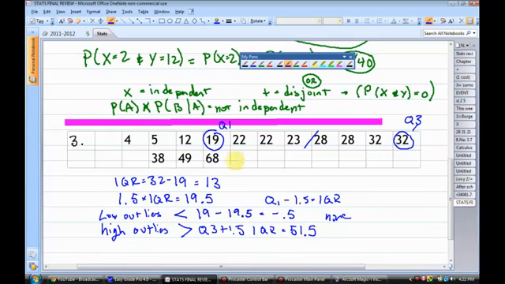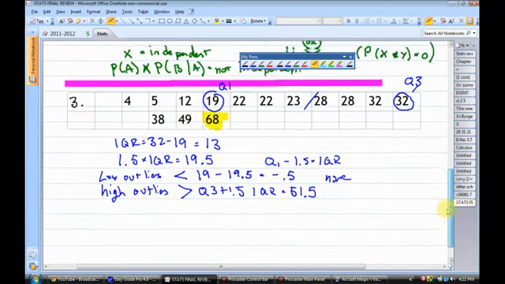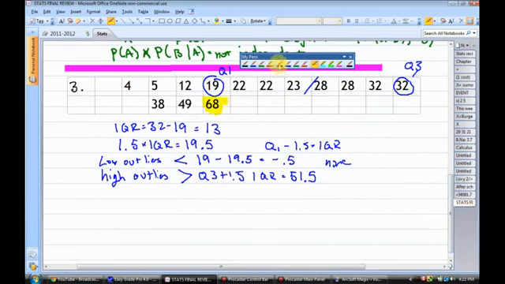So do you have anything greater than, oh, right there, this one is greater than, that's definitely greater than 51.5. So the only outlier we have, a high outlier, is 68. I believe the answer key was wrong there.